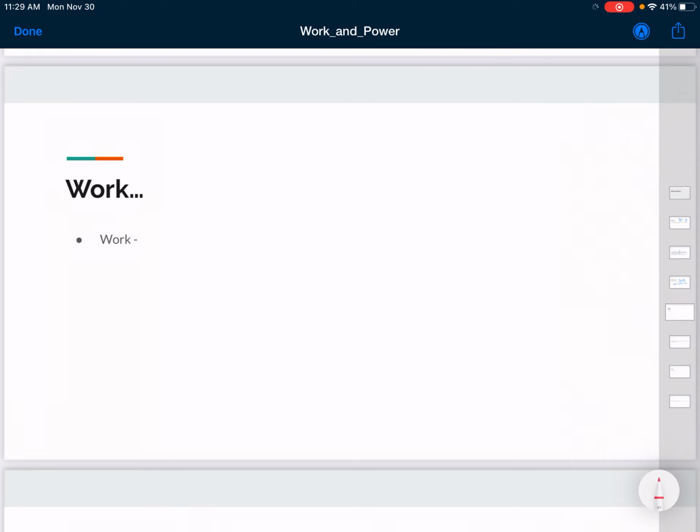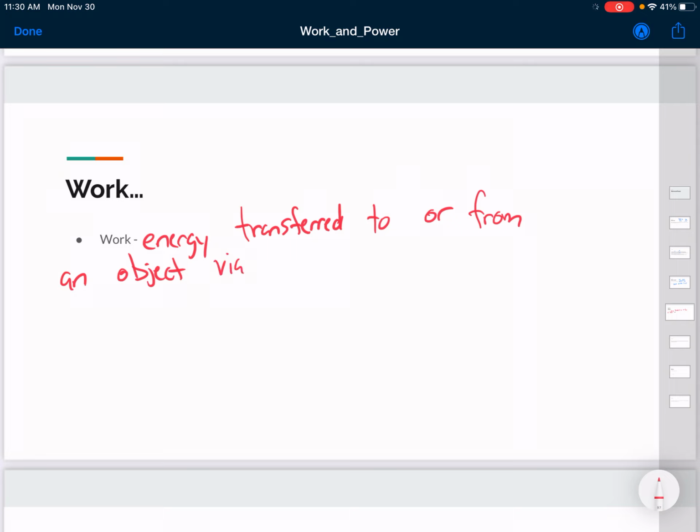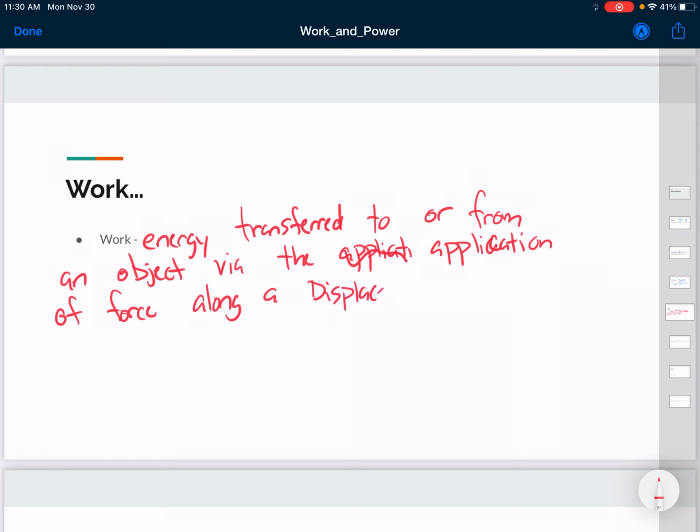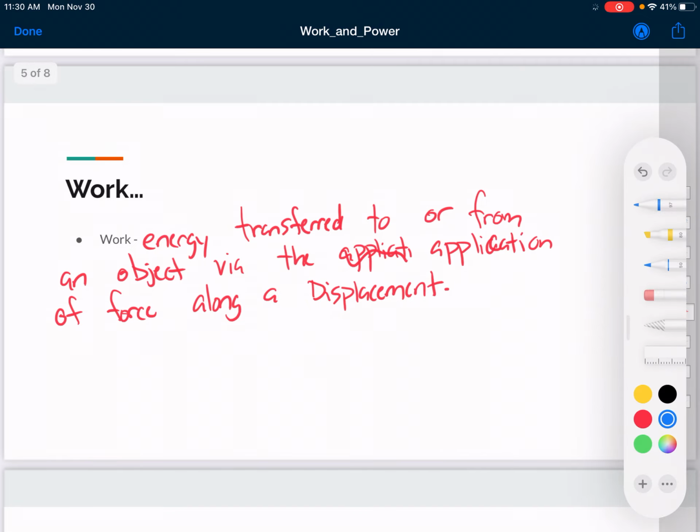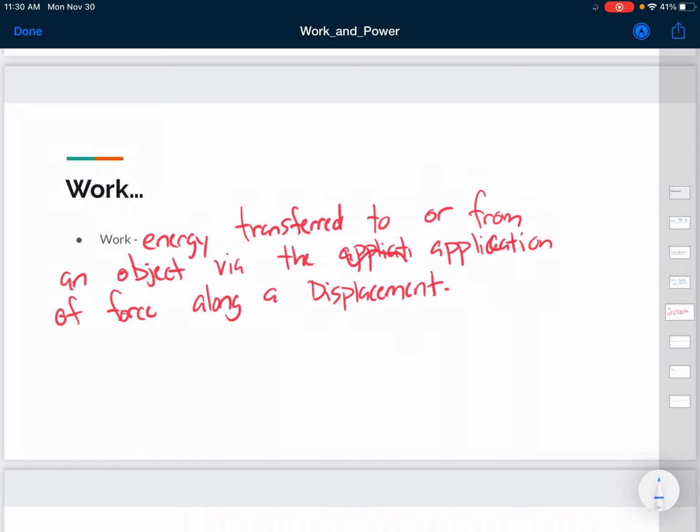Our formal definition of work is energy transferred to or from an object via the application of force along a displacement. So pause the video if you need to get that definition down.